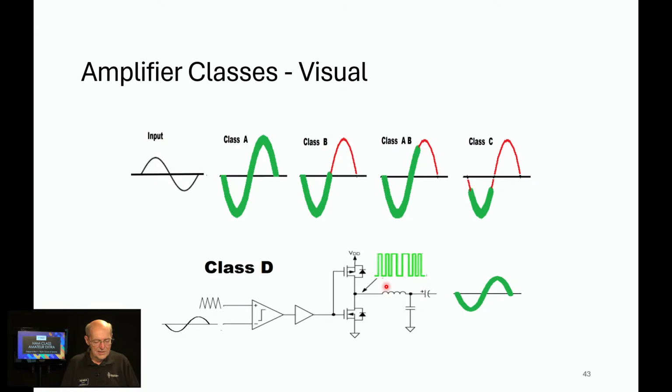It has an output that is just really, really ugly. But we smooth it out with a filter, restoring it to a nice clean output. Class D amplifiers are very efficient. And there are places where these are used in real life. We'll talk a little bit more about that.